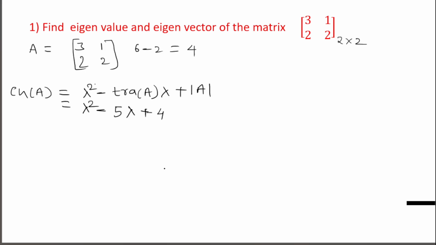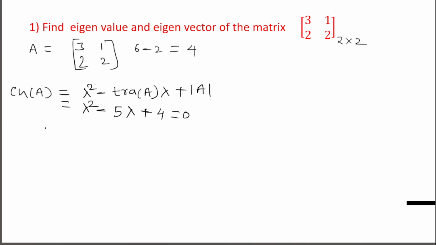Here by Cayley-Hamilton theorem, the characteristic equation is satisfied by the matrix, that is equal to 0. We have to equate the characteristic equation to 0 to find its eigenvalue. Next we have to factor this one, lambda square minus 5 lambda plus 4.